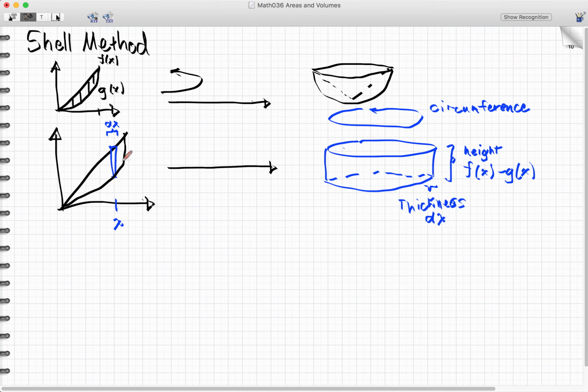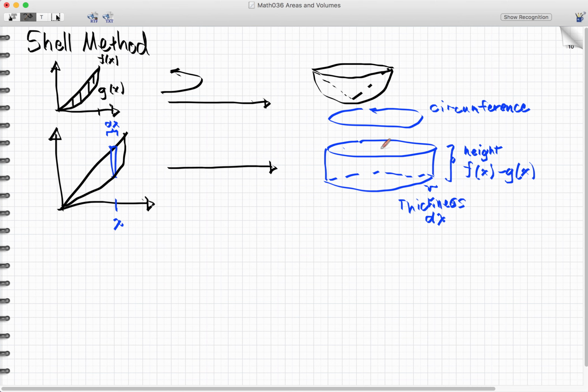You're going to get your f of x and g of x. You're going to fix an x. You're going to look at a small chunk of area of width or thickness dx, and you're going to imagine that chunk spinning around the y-axis at the radius x.